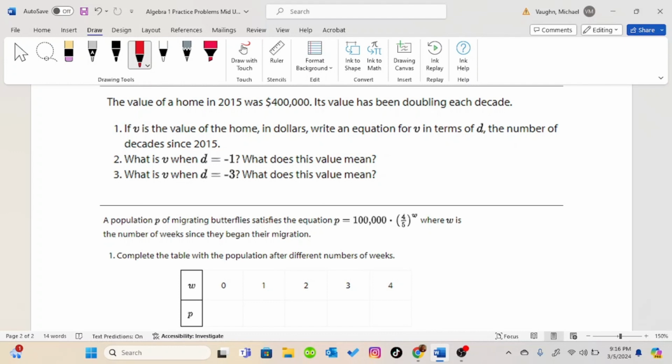When we write this, function notation says we have the name, which is V. In parentheses, we have the input, which is D for decades. That equals the starting value, or y-intercept. In this scenario, that's 400,000 times the growth factor. We know it's doubling, so that's the same as multiplying by 2. And the growth factor has an exponent of the input, which we said was d decades.